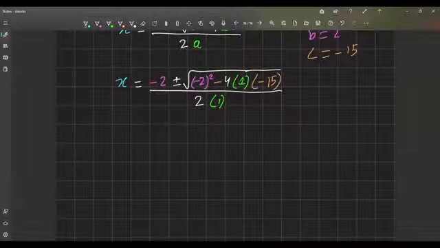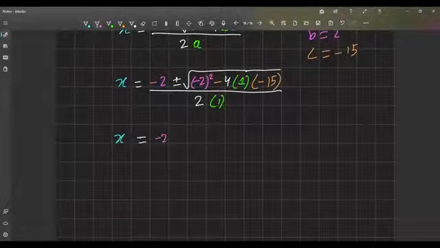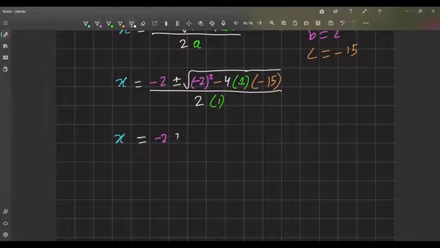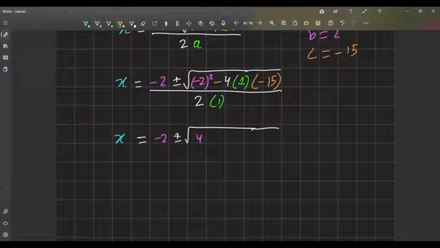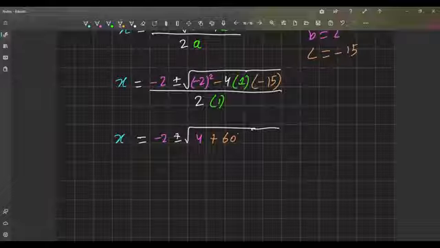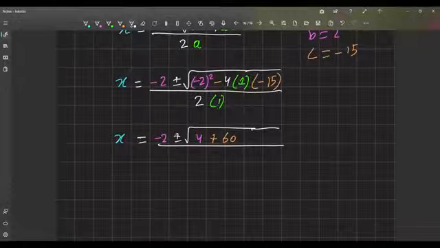I'll solve it all. So it would become x is equal to negative 2 plus minus, simplifying whatever is inside the bracket, we get 4 here with a positive 4 into 15, which becomes 60. So we get 60 here, and all of this is then divided by 2.